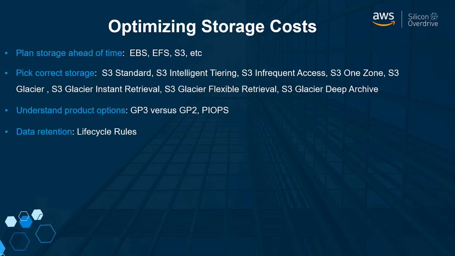The other thing that we see a lot that people don't always implement, because when you're busy developing and getting ready to go live you're not thinking about it, is that at some point that data will become old or longer term, in which case having lifecycle rules can hugely save money.